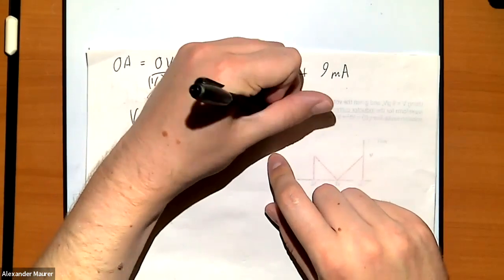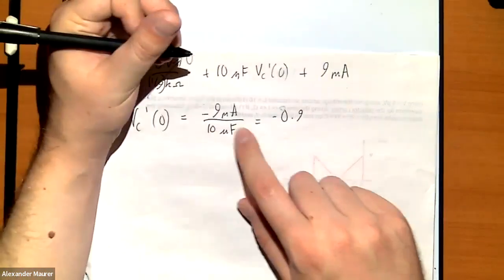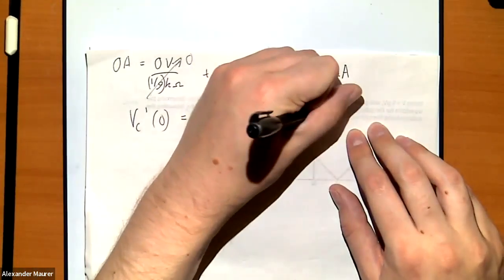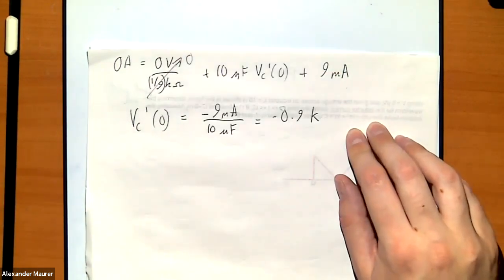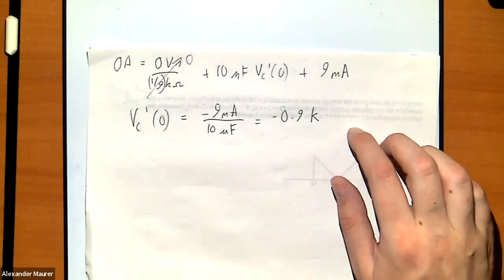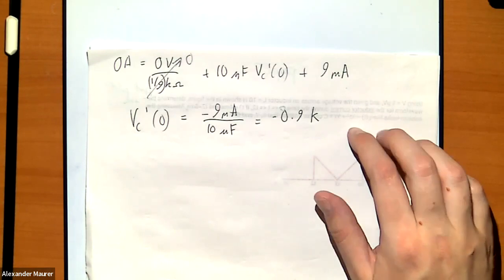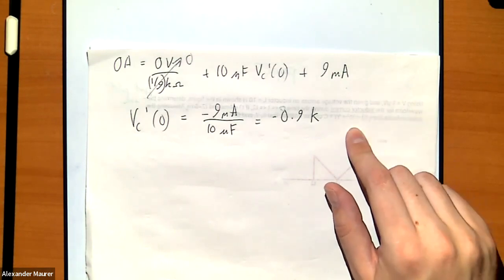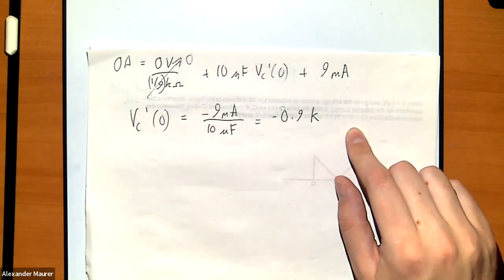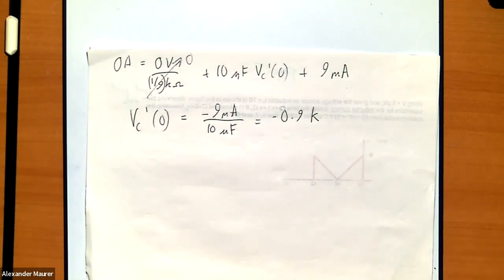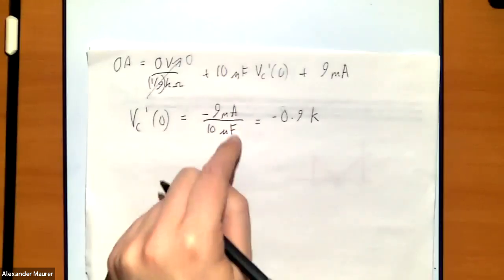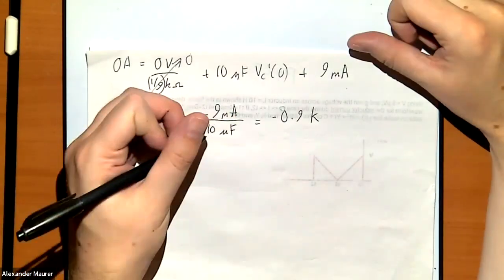So that's negative 0.9 milli over micro, which is kilo. Which is fine. The derivative is going to be pretty large. So 0.9 kilo, an ampere per farad.